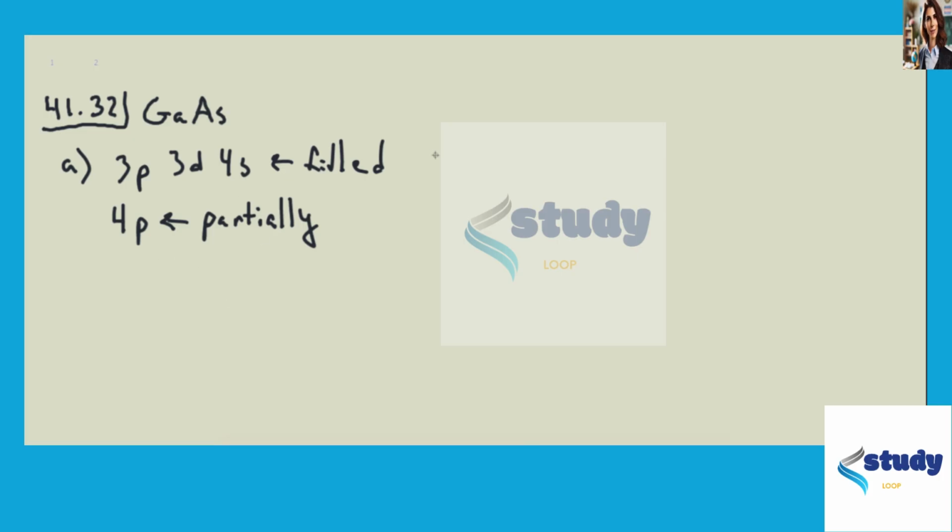So the gallium core ends up having a charge of positive 3 elementary charges, because it loses its 1 4p electron and then 2 of its 4s electrons.